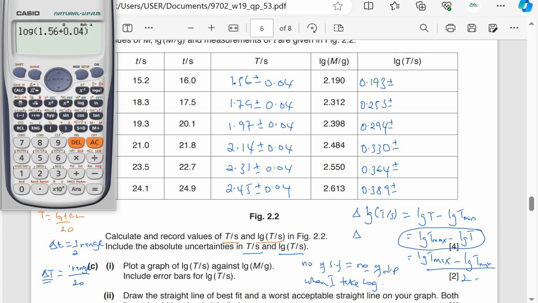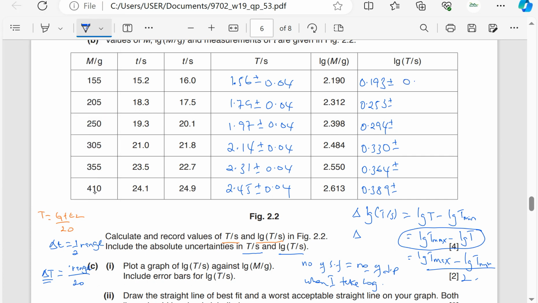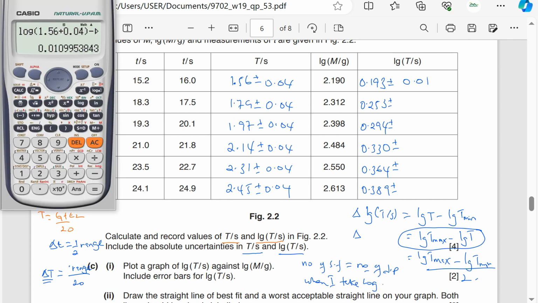That is the maximum value of t. Then minus the log of just the t, which is log of 1.56 only. So this is 0.01. For uncertainties, I can write them to one significant figure.